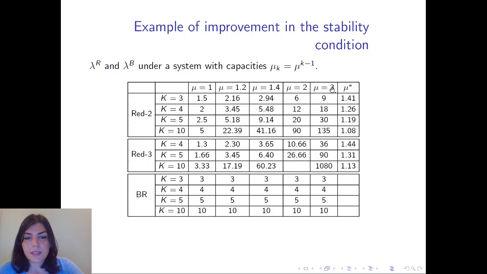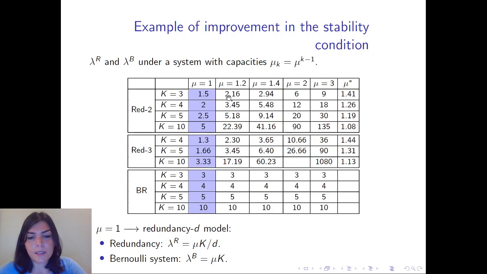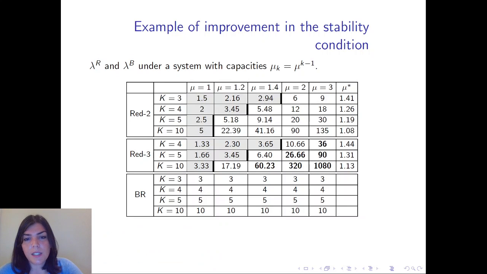We note that when mu is equal to 1, this is just the redundancy D model, for which the stability condition under redundancy is mu times K divided by D, and the stability condition under Bernoulli routing is mu times K, so that the stability condition under Bernoulli routing is always larger than under redundancy.